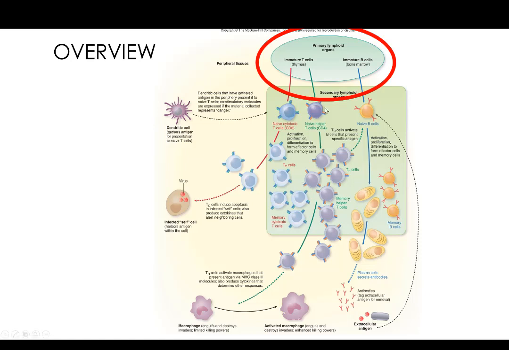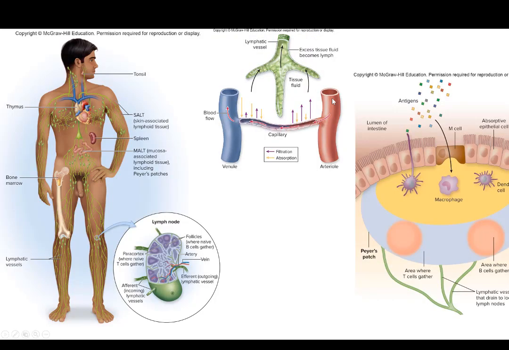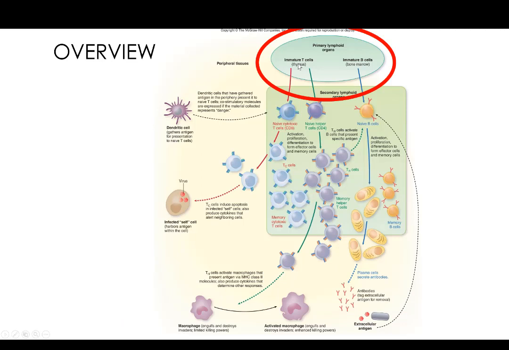Okay? And here, as you can see, these are the primary lymphoid organs, and now this is the secondary lymphoid organs. So once they have gone from an immature cell to a mature naive B cell or a mature naive T cell, they're going to migrate to your skin-associated lymphoid tissues, your SALT, or your mucosal-associated lymphoid tissue, your MALT. And they're like, well, how do they know which one to go to?